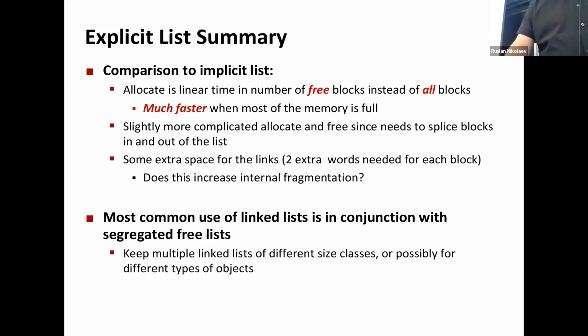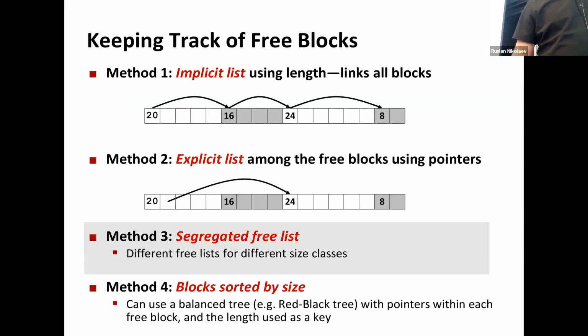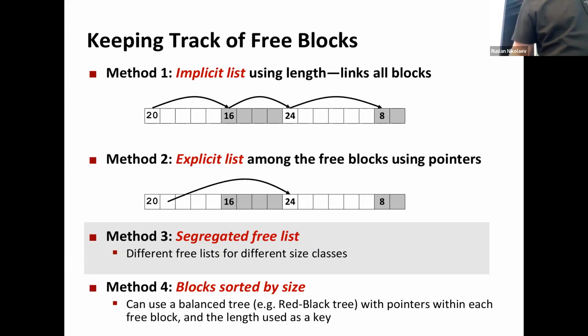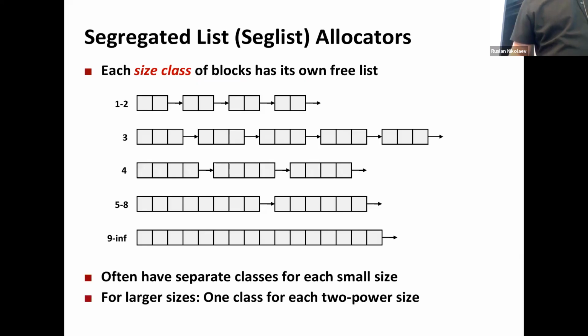Also, the most common use of this linked list is in conjunction with a segregated free list. So we're going to keep multiple linked lists of different sizes and possibly even different types of objects. Let me just give you a very brief introduction to segregated lists before we wrap up.